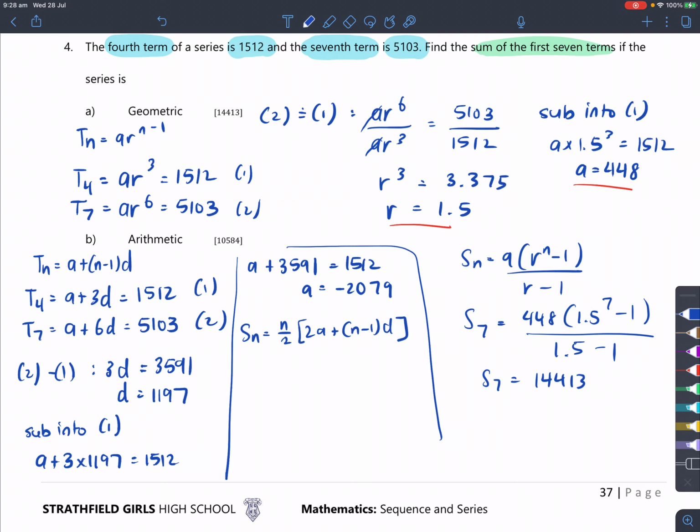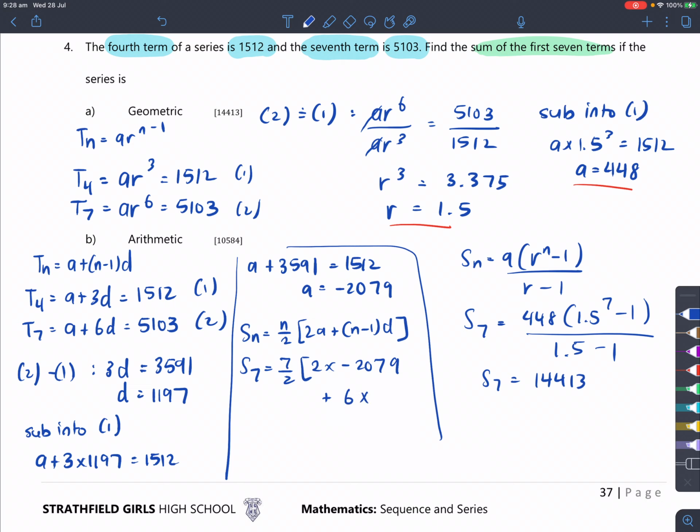We're not finding Sn actually, we're finding S7. That would equal 7 over 2 times 2a, so 2 times negative 2079, plus n minus 1 d, which is 7 minus 1 d, and that would be 6d anyway, so I'm just going to write 6.